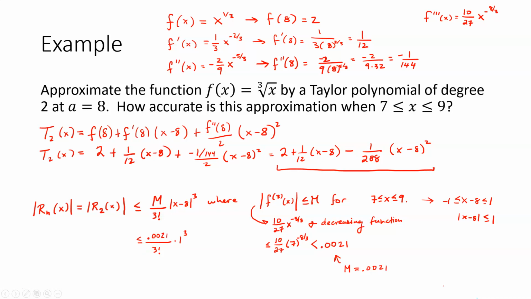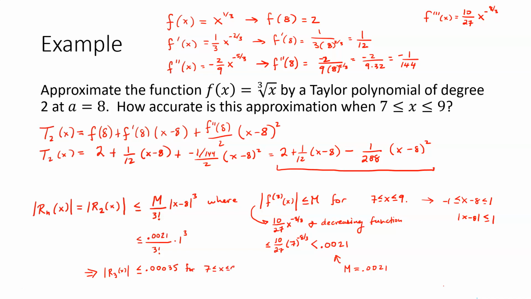And so this gives us our upper bound on the error, which, if we do 0.0021 divided by 3 factorial, I get something on the order of 3.5 times 10 to the -4, or about 0.00035. Okay, so that shows here that R2, the error in this approximation, is less than or equal to 0.00035 for x in between 7 and 9.